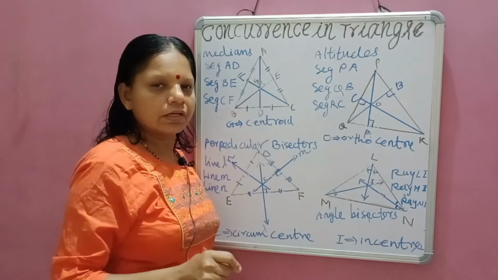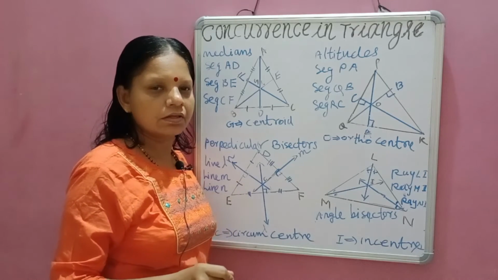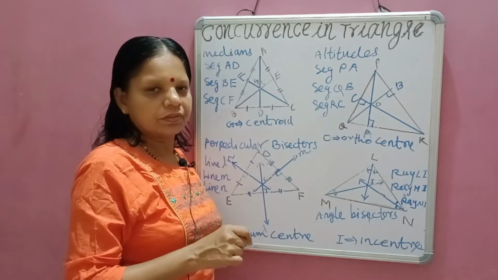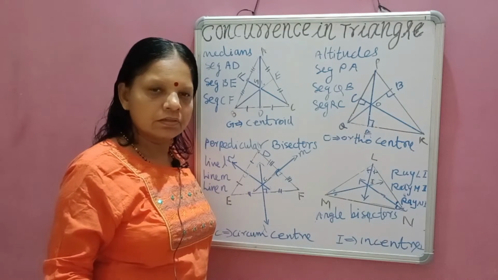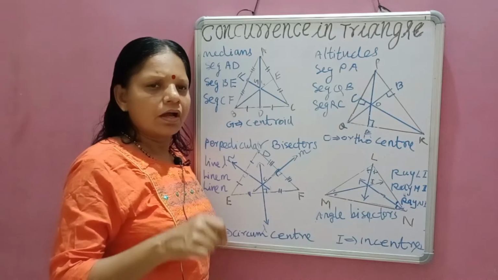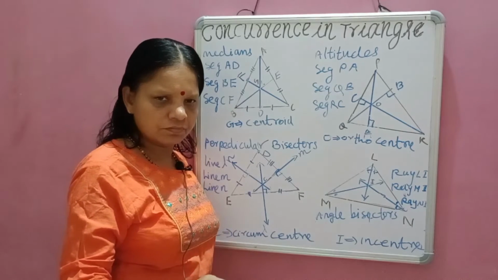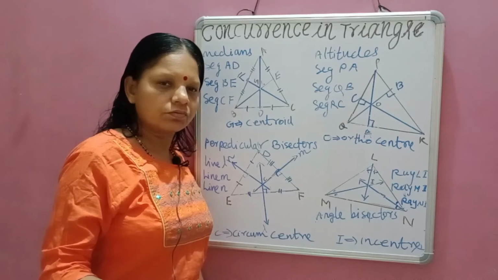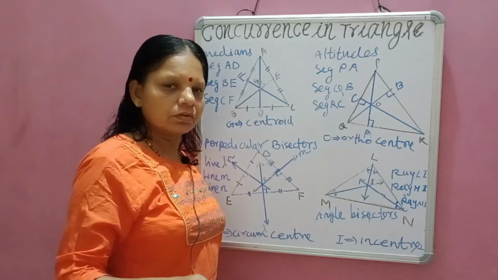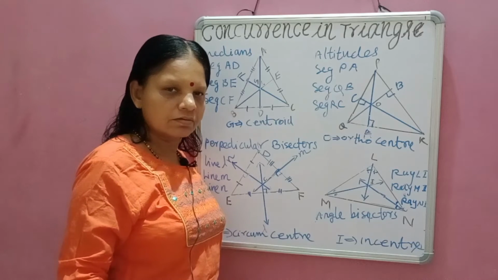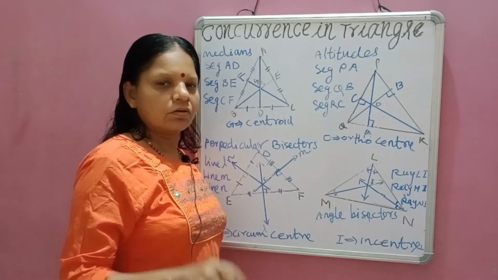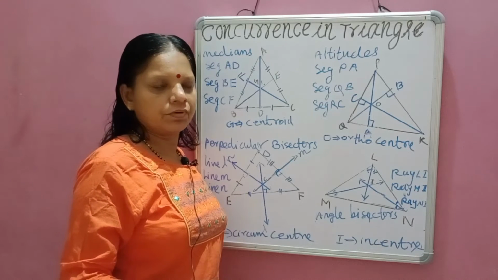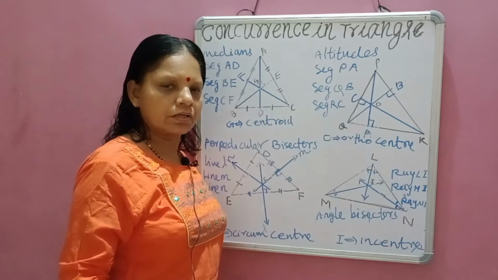It is found that all the three medians intersect at a point. If you draw any triangle, take the midpoints and join the opposite vertices, you can see that all the three medians pass through the same point. This is true for any triangle.